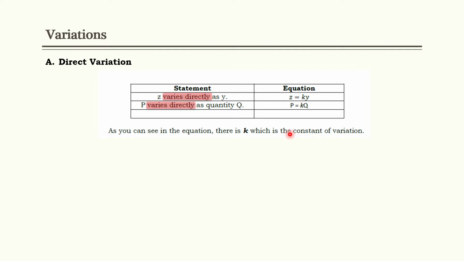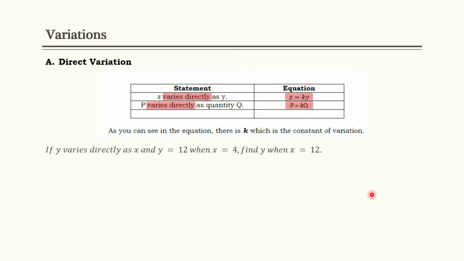Actually, you can represent that with any letters, but for now, gagamitin natin is K, for the constant of variation. Nakuha? So we will use letter K. That is Z is equal to KY, and now we have P is equal to KQ.